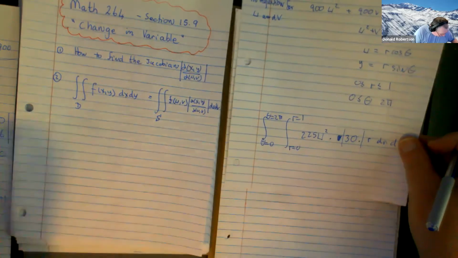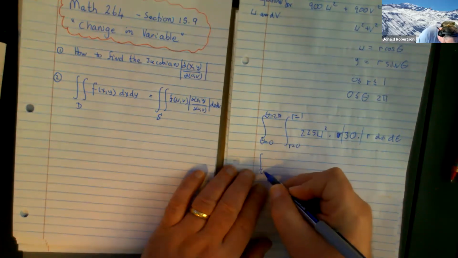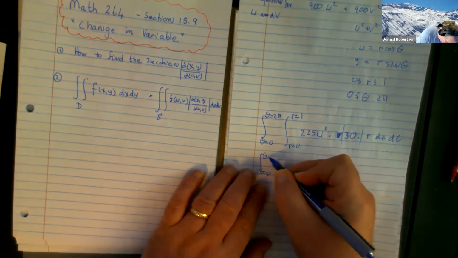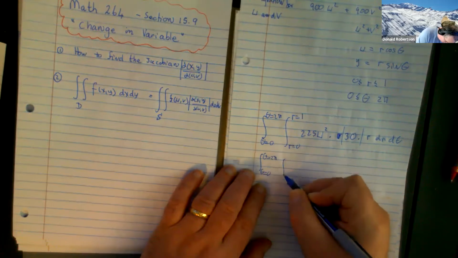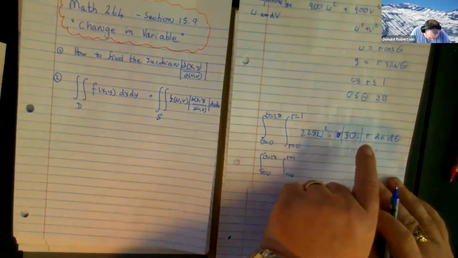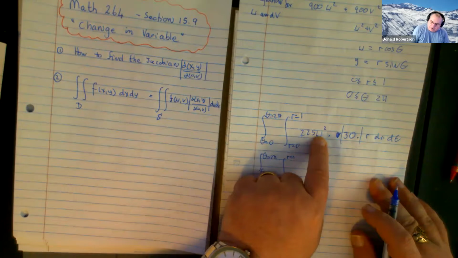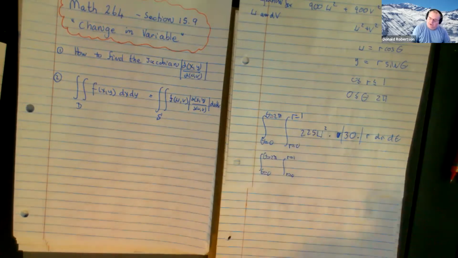Now, I've still got a fair amount of work, but every step gets me closer to what I need. Can't I take the 30 and the 225 out? What do you think I'm going to rewrite u squared as? Because we've essentially done a change in variable twice.